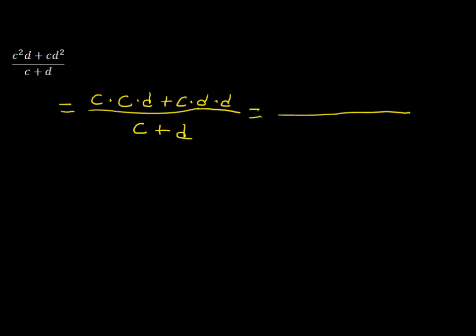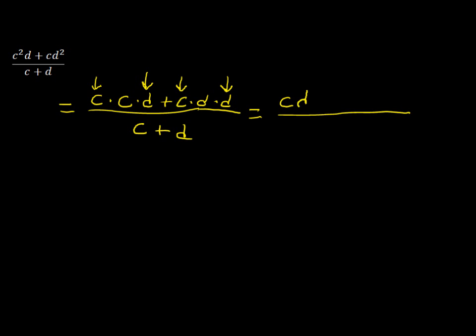Okay. Let's look at what they both have in common. There's a c there and a c there. So both terms have a c and both terms have a d. So those can be rounded up and factored out and pulled over to here.